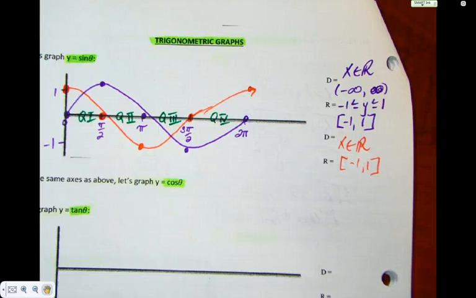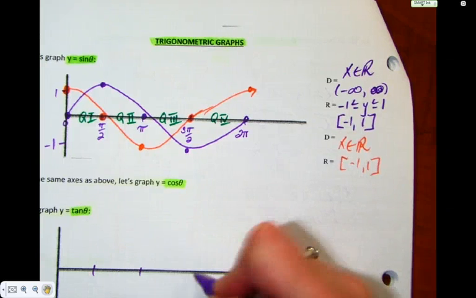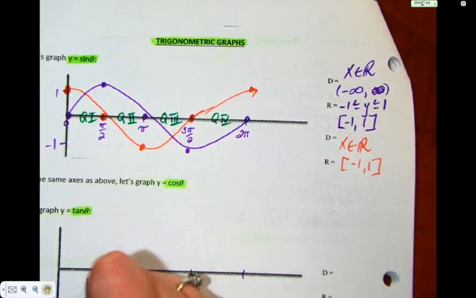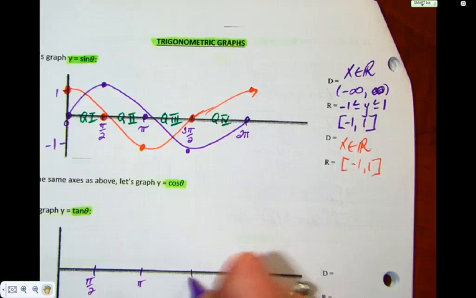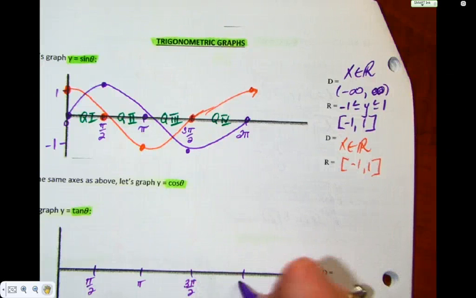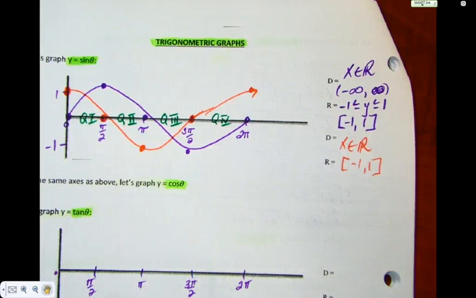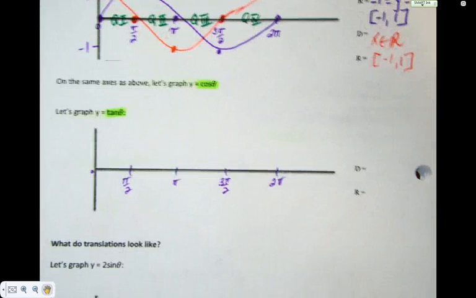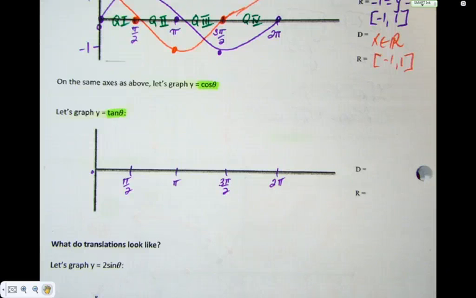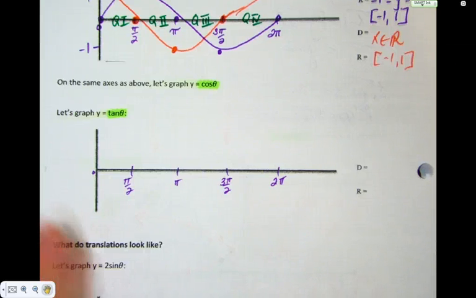Okay, let's do tan. So same values. Pi on 2, pi, 3 pi on 2, 2 pi, and 0. Five values of tan, you've already got them memorized. Okay, tan at 0.